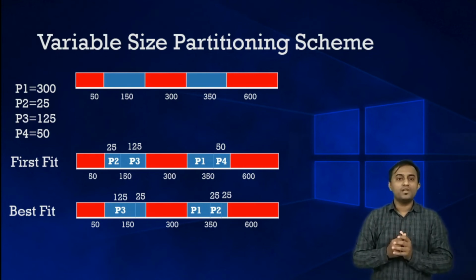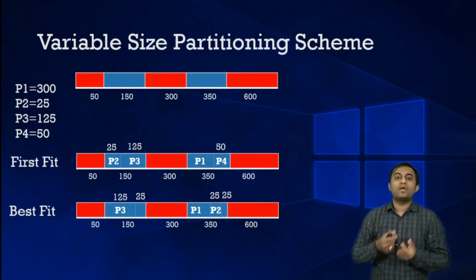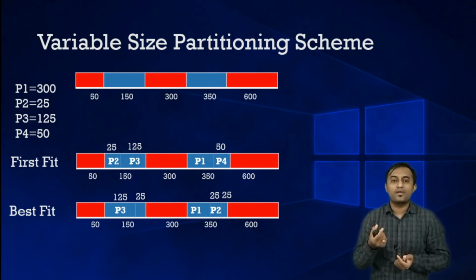Okay. So what is the scenario till now? Now we have a 25 KB block in the second slot and a 25 KB block in the second last slot.